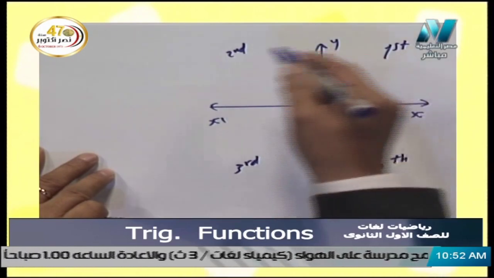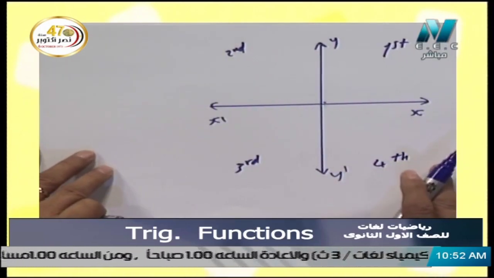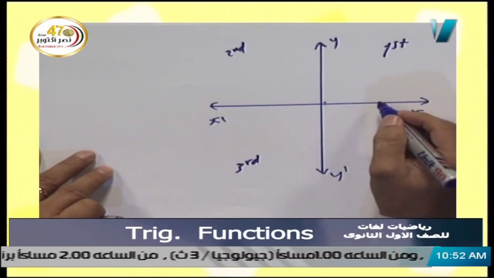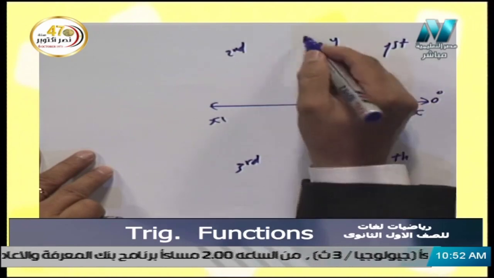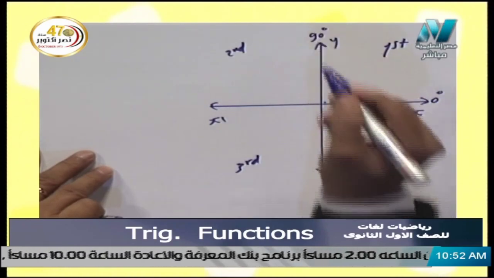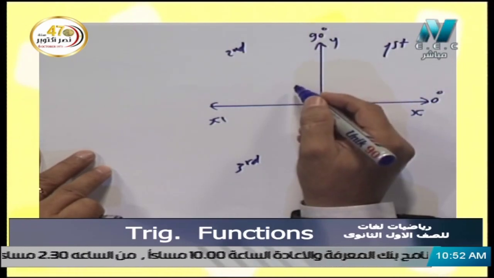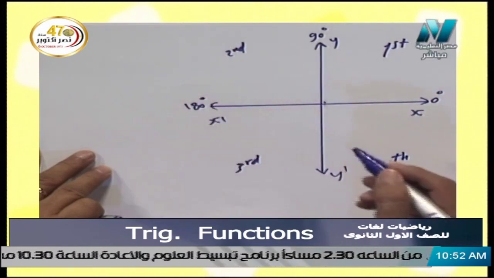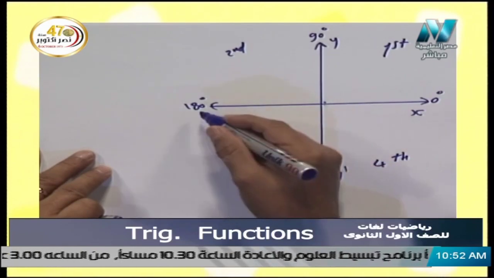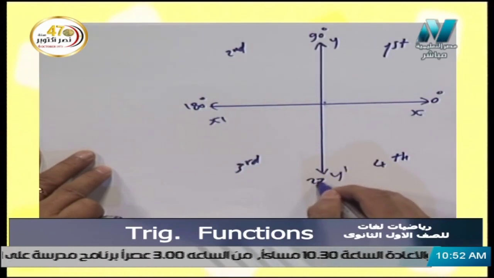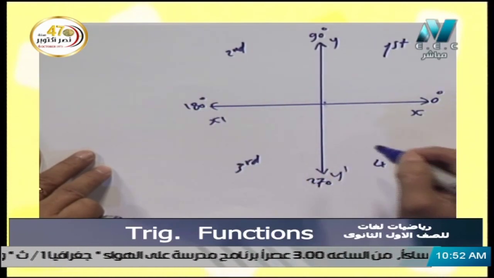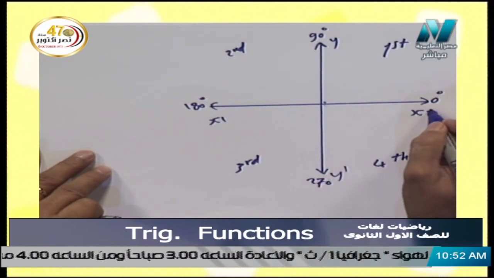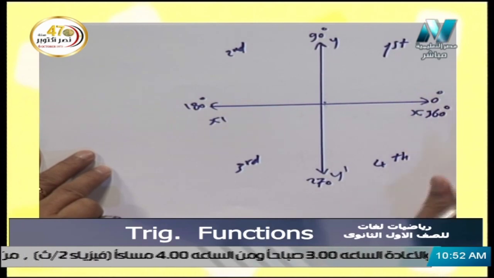We move in the anti-clockwise direction, okay. In the first quadrant, any angle lies between 0 degrees and 90 degrees. The second quadrant lies between 90 degrees and 180 degrees. The third quadrant lies between 180 and 270. And finally, the fourth quadrant is an angle that lies between 270 and 360. Okay?